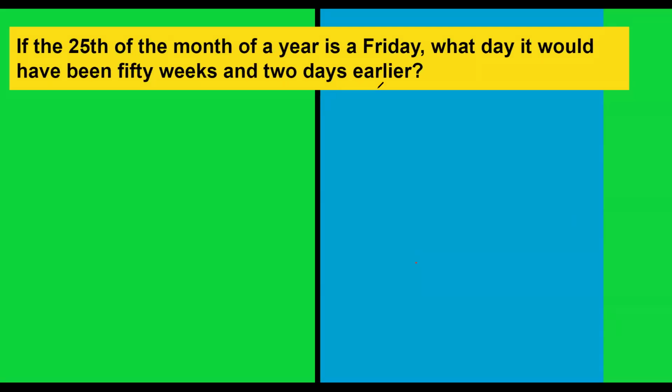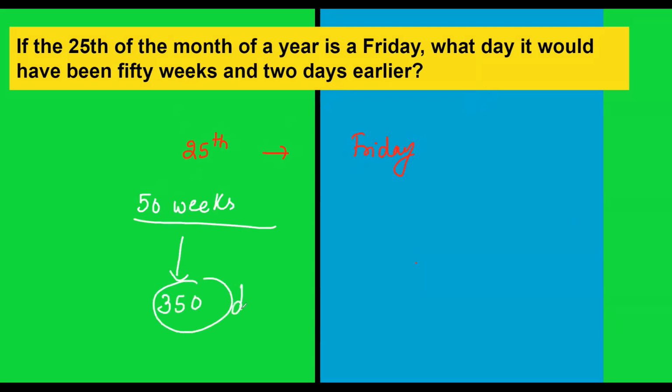Now see this question. If the 25th of the month of the year is Friday, and now they are asking about after 50 weeks and 2 days. So 50 weeks will be divisible by 7, no? Because it will have 350 days. So we are not concerned about this.